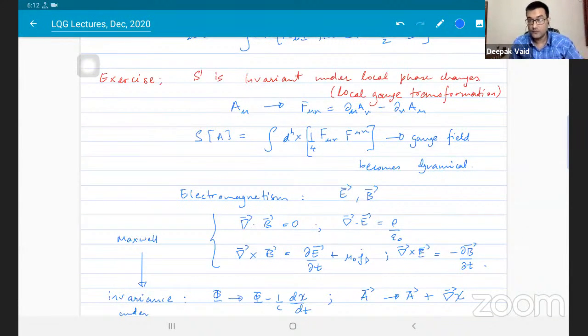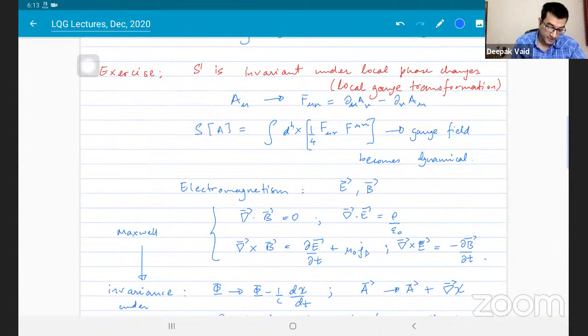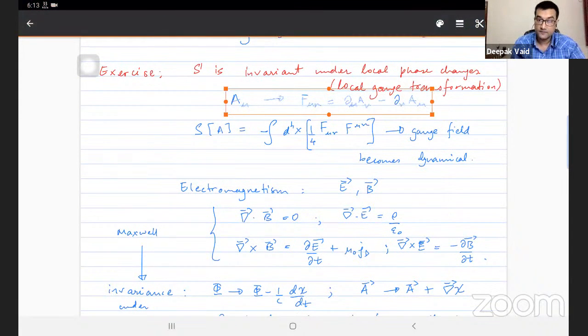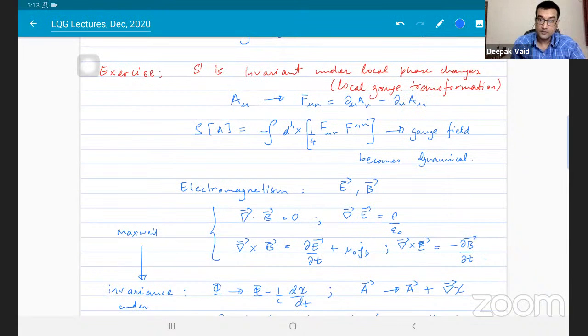Then we come to the fact that gauge fields themselves are dynamical entities, as shown, for example, by electromagnetic theory. For electromagnetism, one writes an action which has this form, where F_mu nu is an antisymmetric tensor, and this has exactly the same form as the Riemann tensor.